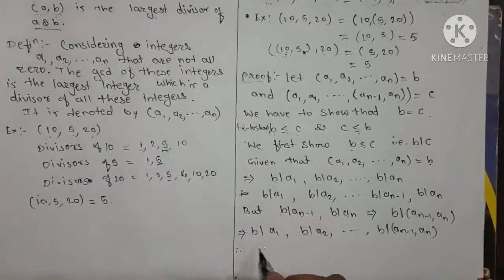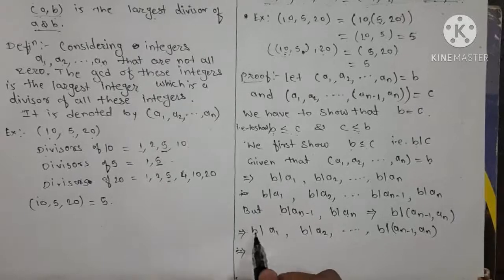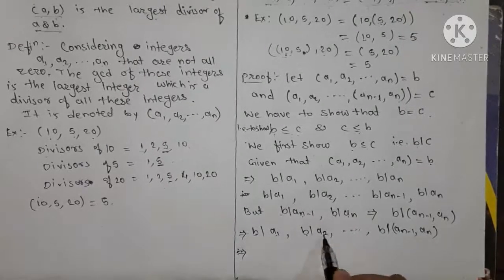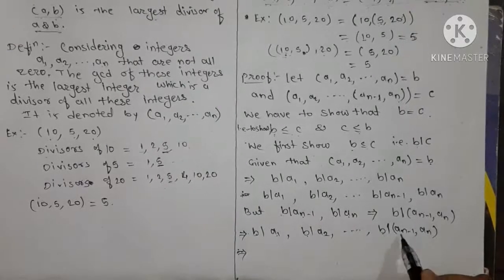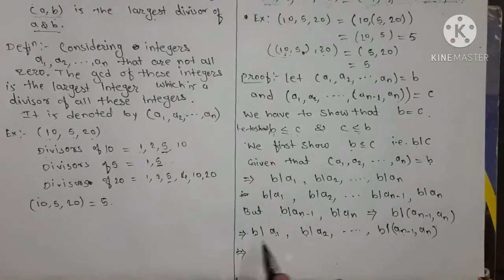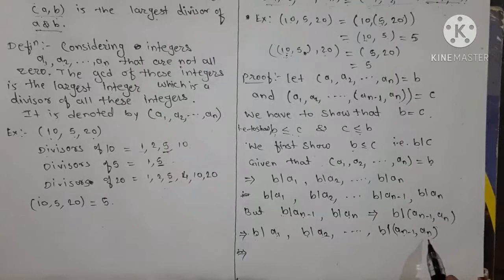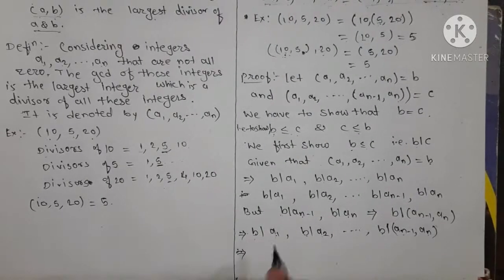Therefore, again see here, B is a divisor of A1, B is a divisor of A2 and so on. B is a divisor of the GCD of AN minus 1, AN. So B is a divisor of these integers. Therefore, B divides the GCD of these integers, right?